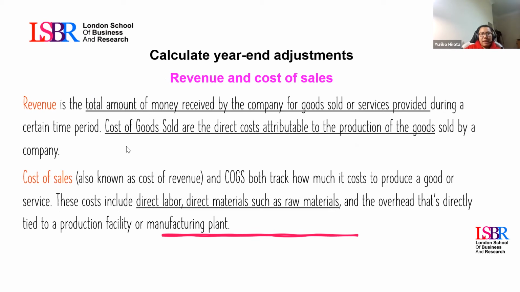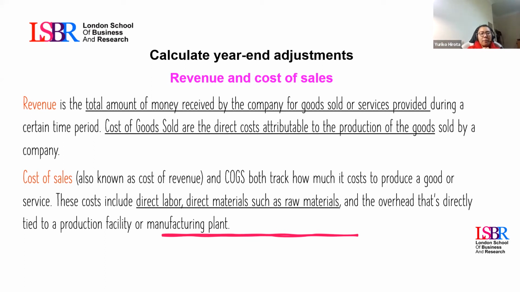Another adjustment that we can do, or reversing entry, is revenue and cost of sales. These two concepts go together. Revenue, as everyone knows, is the total amount of money received by a company for goods or services that the company is selling during a specific period.